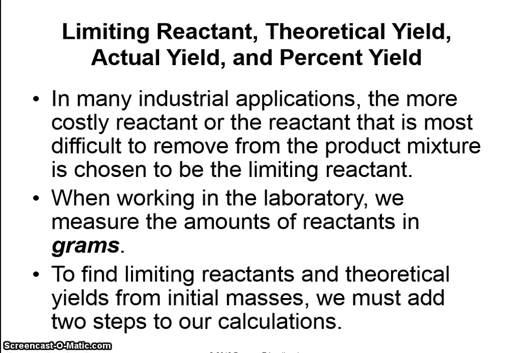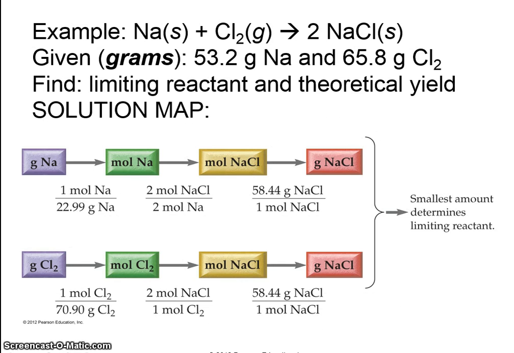When working in a laboratory, we'll measure the amount of reactants in grams. And you have already done this in a previous experiment, I believe, so you're somewhat familiar with all of this. To find limiting reactants and theoretical yields from initial masses, we must add 2 steps to our calculations. So we have to have the molecular weight of, or the atomic weight of, sodium combined with the relationship that we have from our chemical equation.